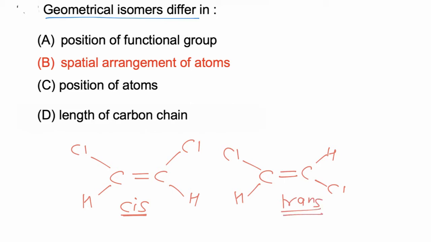So these molecules have different arrangements of atoms in space. In the first molecule both Cl atoms are in the same direction, so cis. In the other, both Cl atoms are in opposite directions, hence its configuration is trans, and hence the correct answer is B.